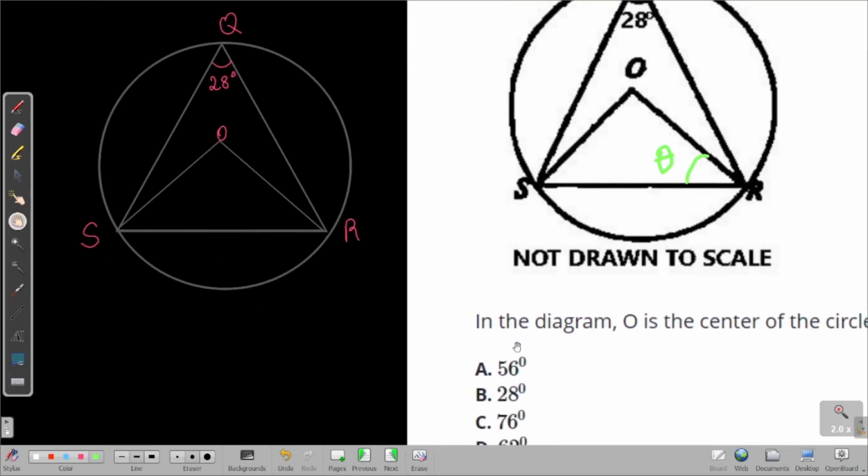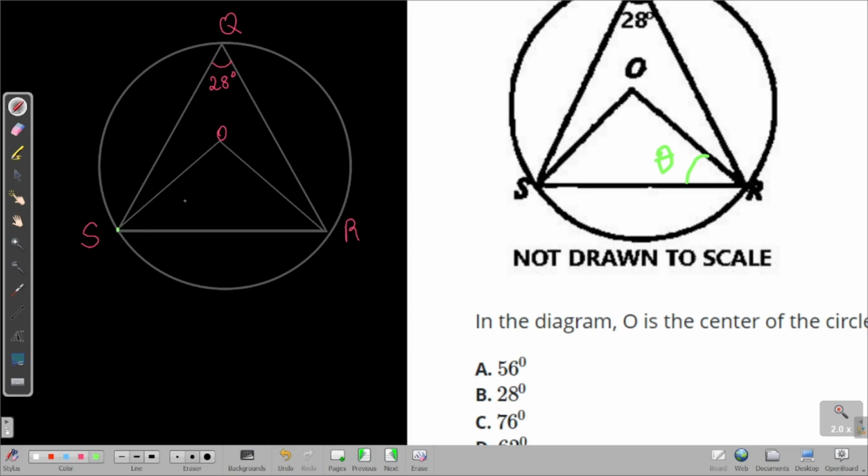Now let's start. Let me just analyze the diagram a little bit. We have a triangle inside of the circle, and then we have another triangle inside that triangle. One thing I can see about this smaller triangle, ORS, is that O is the center of the circle and S is on the circumference.